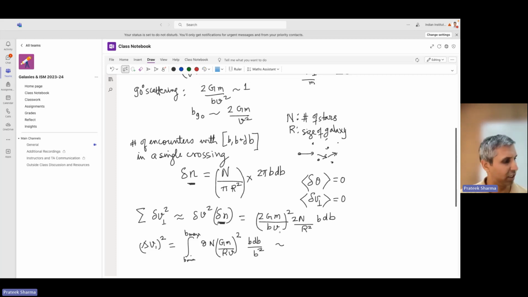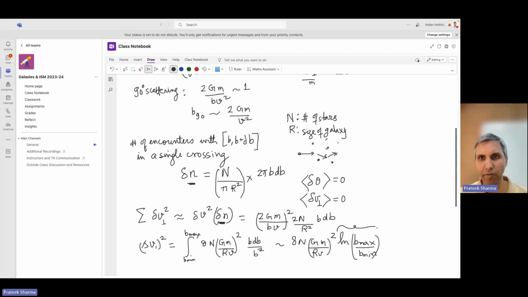So what you have is 8 n G m by R v, the whole squared, times log of b max by b min. This is the 1 by b db integral that you have.